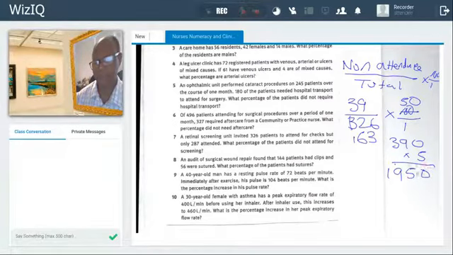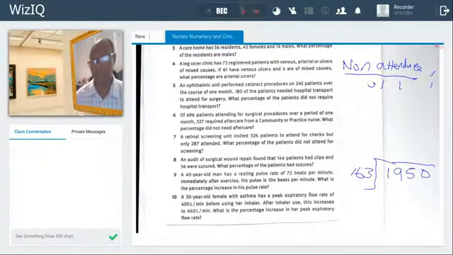Okay, so it's this number which we need to divide. So this number divide by 163.